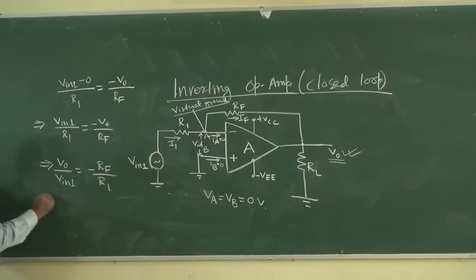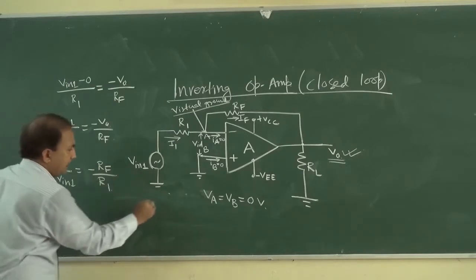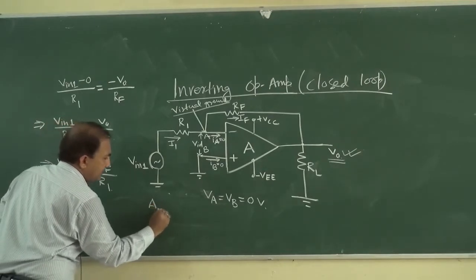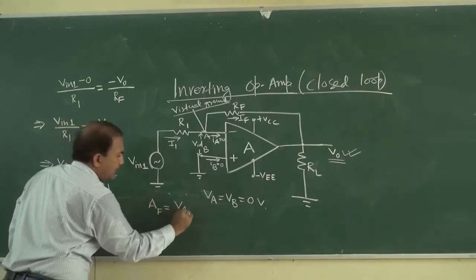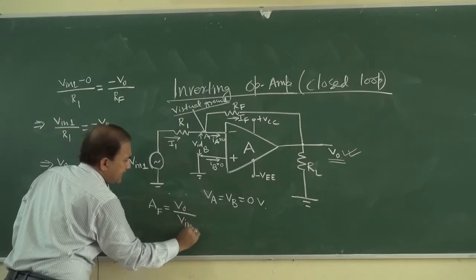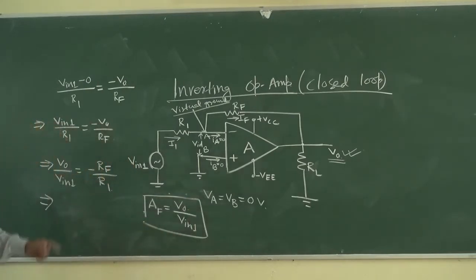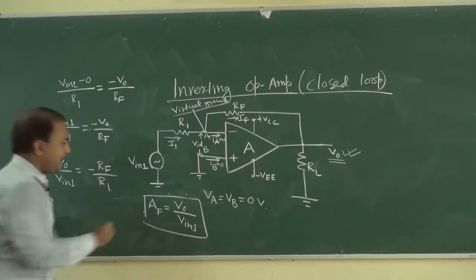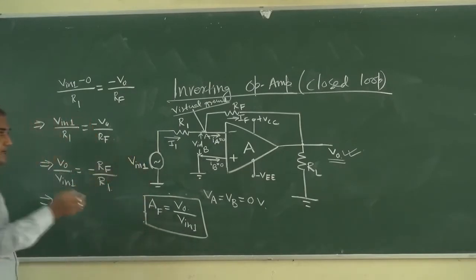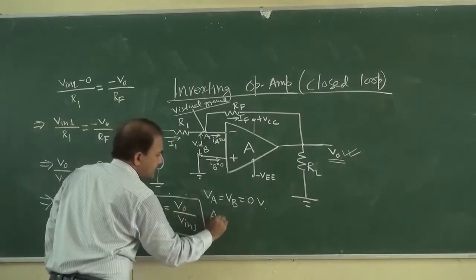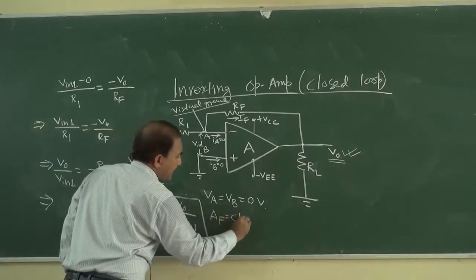What is this? Vout divided by Vin1 is AF. So this is AF. What is AF? It is the closed loop gain. Inverting operational amplifier closed loop gain. AF is the closed loop gain.